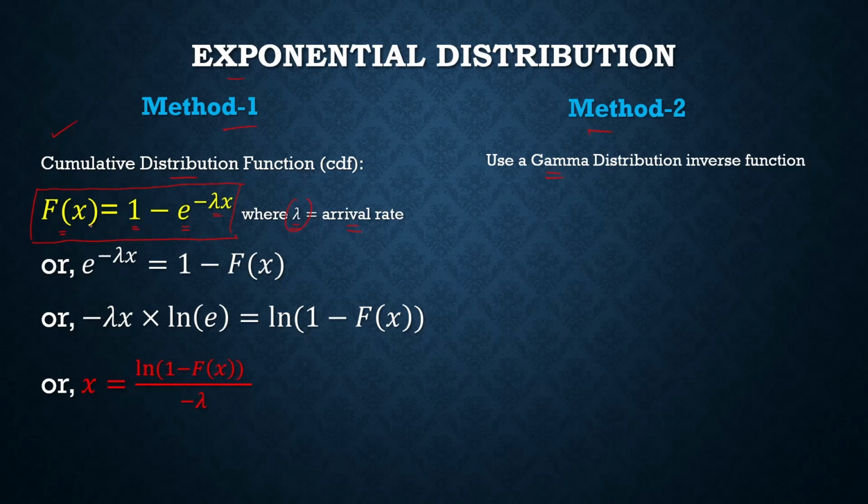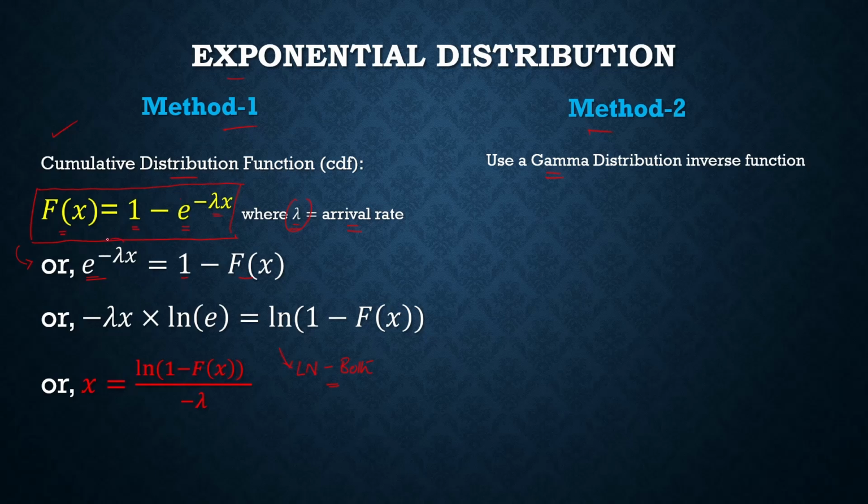Now if you rewrite this equation and take e to the power minus lambda into x to the left side, then on the right side you get 1 minus fx. Then you take ln, natural log, of both sides. That means take natural log of the left hand side and the right hand side.